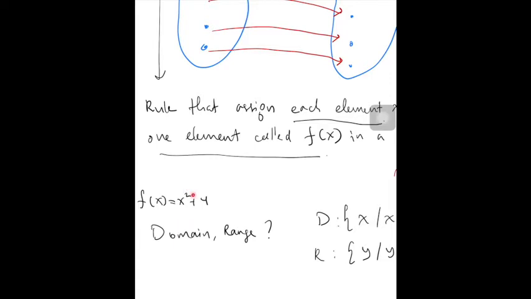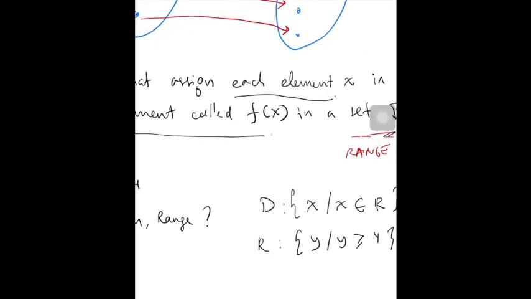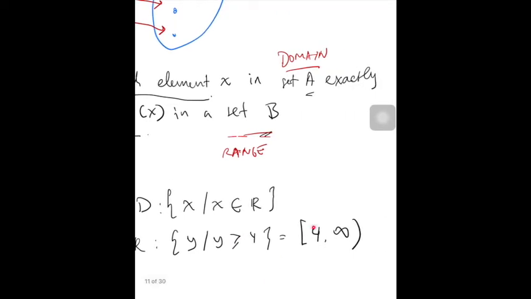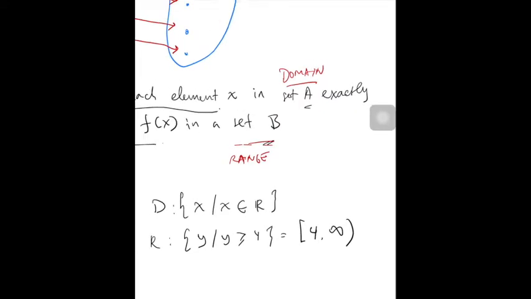So everything needs plus 4. Because it is squared, all must be positive when we plug into this x, which means if you have negative, it will be positive. If you have 0, it's 0. So you have at least 4 in our range. So your range in this case, in the function, you need to have at least 4. So greater or equal 4. Or you can say 4 closed interval until infinity, open interval. Okay.